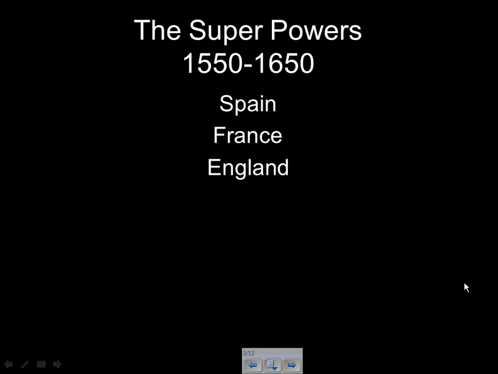This demonstrated a significant amount of shipping expertise and tied Spain into the New World wealth that, for a time, increased the economic power of Spain.